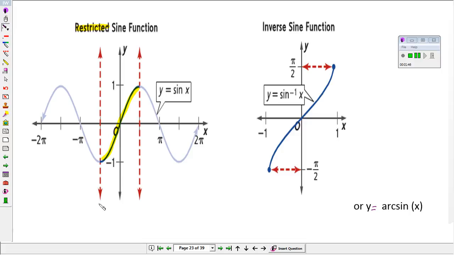So the domain for this piece will be from negative pi over 2 to positive pi over 2.